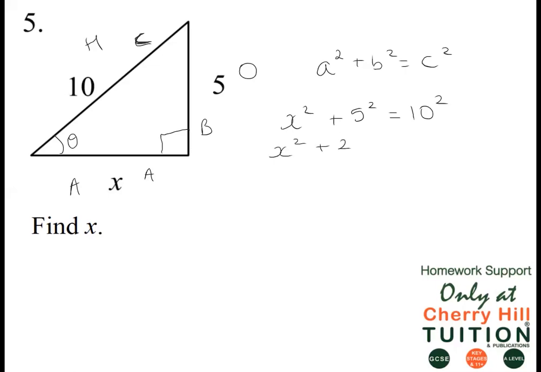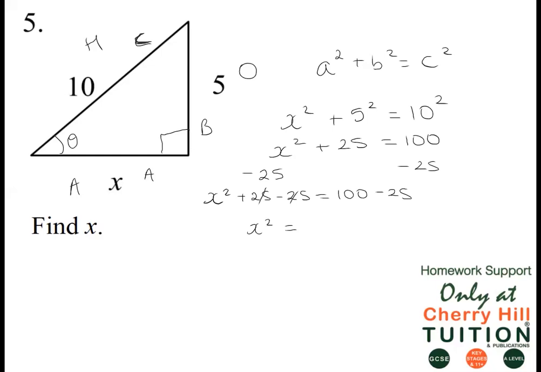So 5 squared is 25, 10 squared is 100. We now can take 25 away from both sides, leaving us with x squared plus 25 minus 25 is equal to 100 minus 25. On the left-hand side, the 25s cancel out, leaving us with x squared.